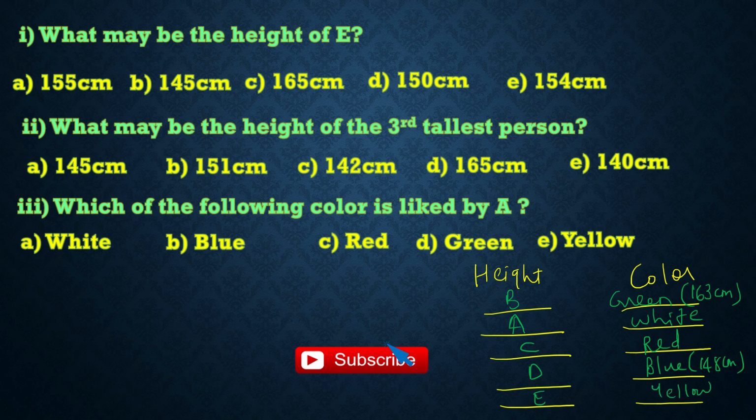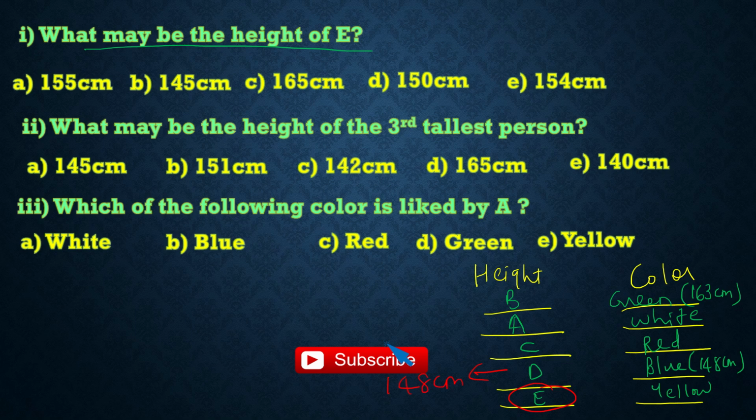This was the arrangement, correct? First question says, what may be the height of E? Where is E? Here is E. D's height is 148 centimeter.